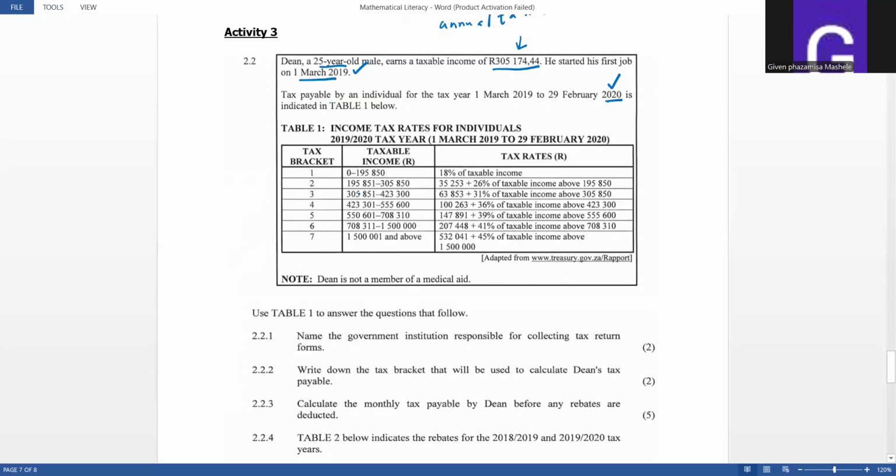This table moves from 1 to 7, so there are 7 brackets. But note here, they said Dean is not a member of a medical aid. It means that he does not have any medical tax credits, so we're not going to subtract any medical tax credits.